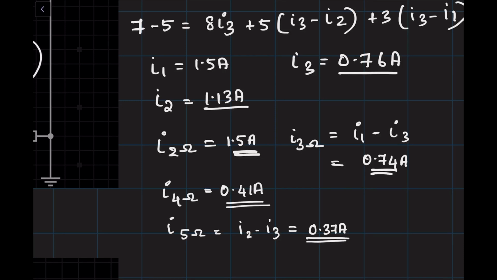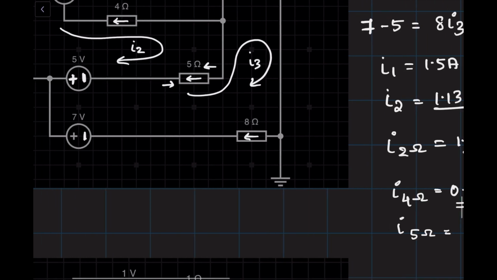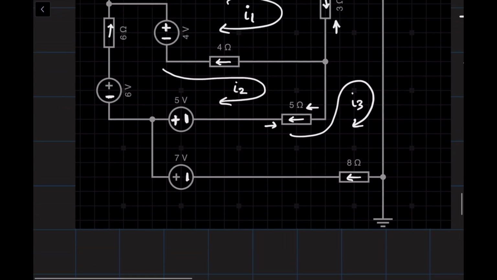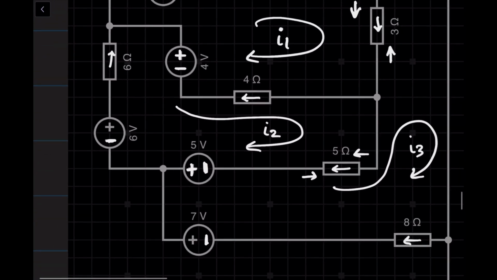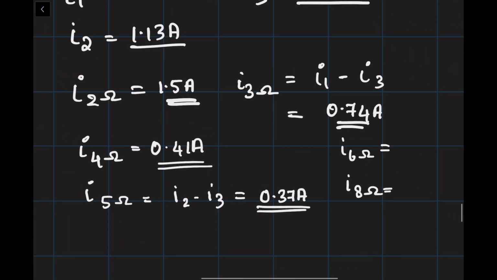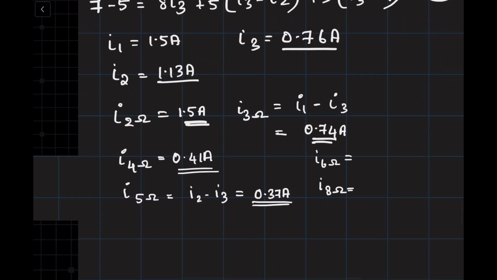Understood? Now we have two more resistors, which is very easy, current flowing through 6 ohm resistor and current flowing through 8 ohm resistor. Let's find it out. Why it is easy? Because there is only one current flowing through 6 ohm resistor, which is I2, and the current flowing through 8 ohm, you can see it is I3 alone. So the answers will be the values of I2 as well as I3.